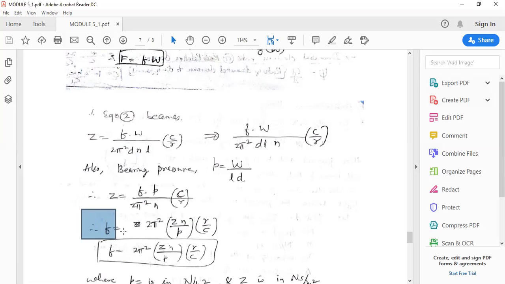As we want to derive the equation for the coefficient of friction for a lightly loaded bearing, Petrov's theory holds good for lightly loaded journal bearings only.